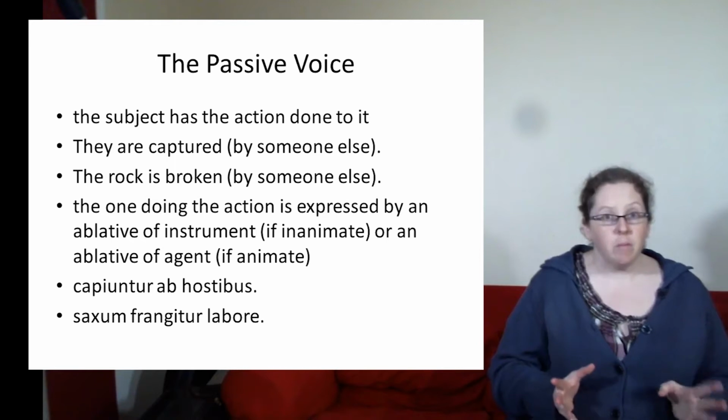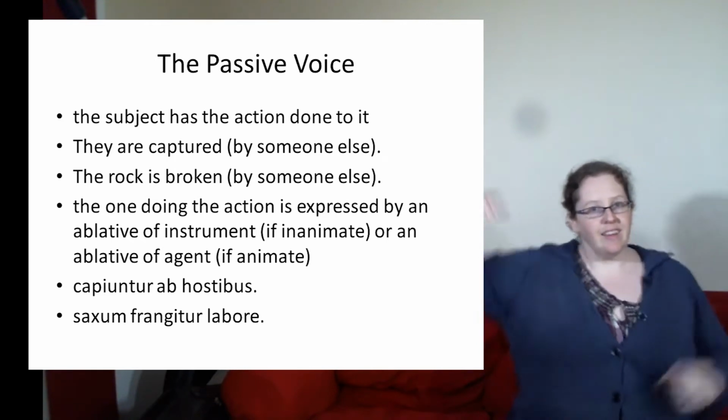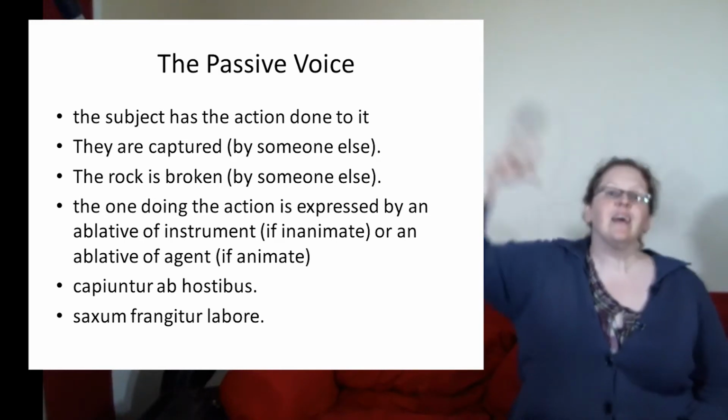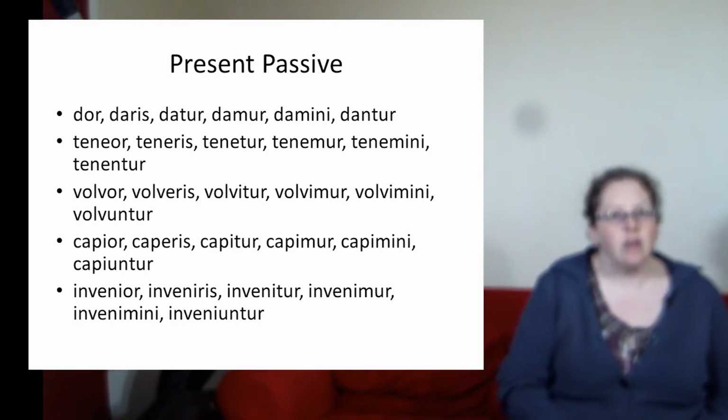So just to remind you all, if you'll take a look at this slide here, there are the verbs do, teneo, volo, capio, and invenio, conjugated in the present passive.